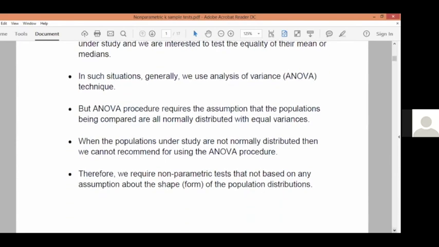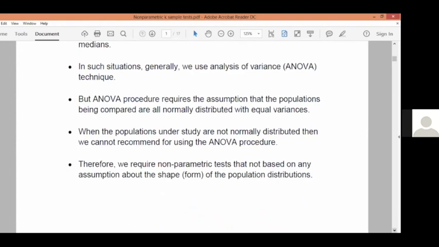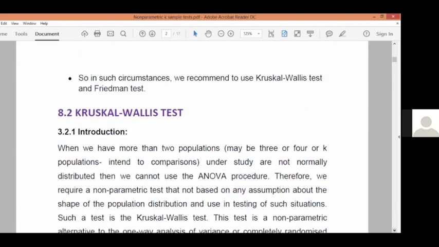When the populations under study are non-normally distributed, we cannot recommend the ANOVA procedure. Therefore, we require a non-parametric test not based on any assumption about the shape or form of the population distribution. In such circumstances, we recommend the Kruskal-Wallis and Friedman tests.